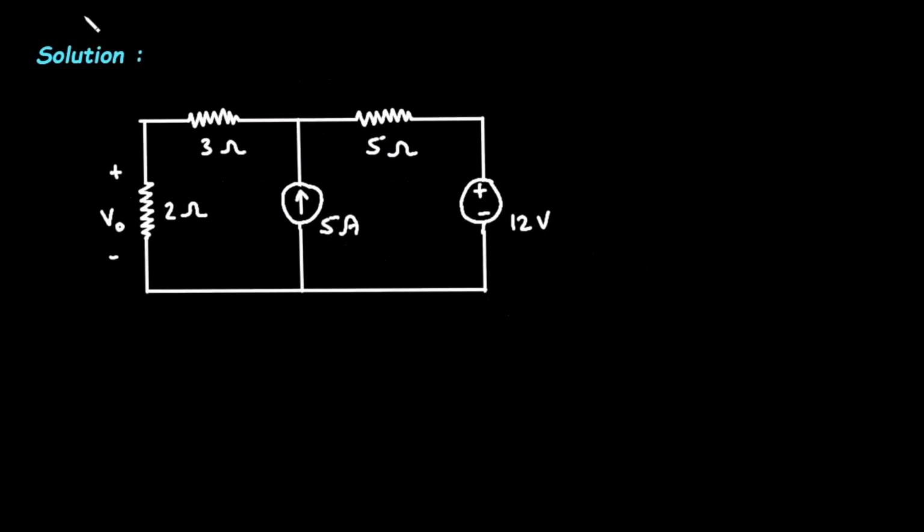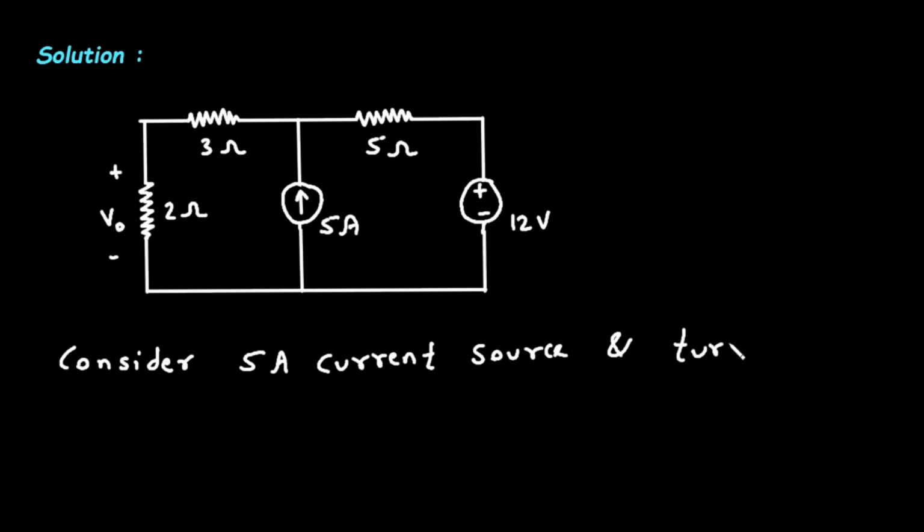First of all, we will consider this 5 ampere current source and turn off all other sources.